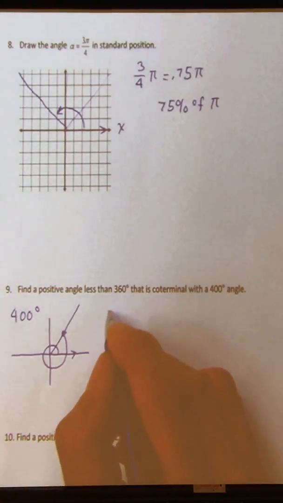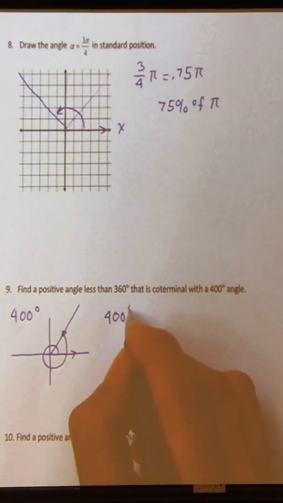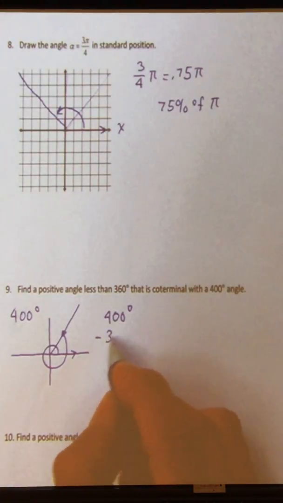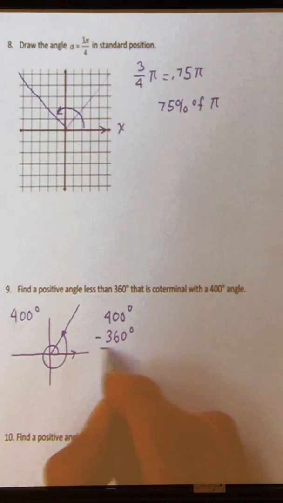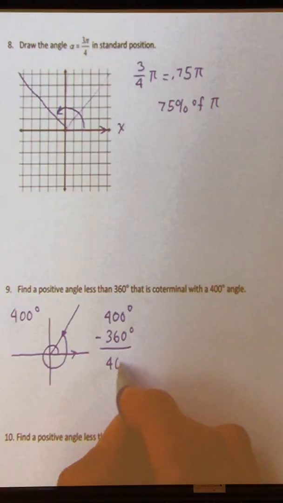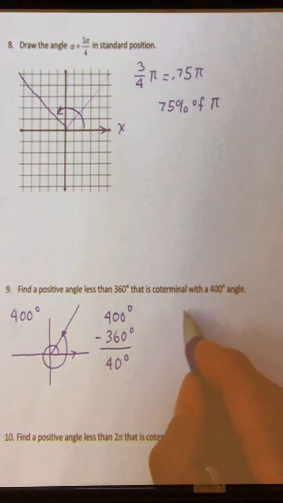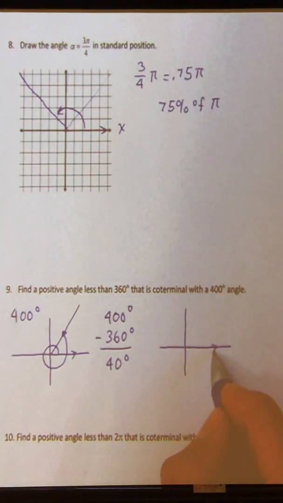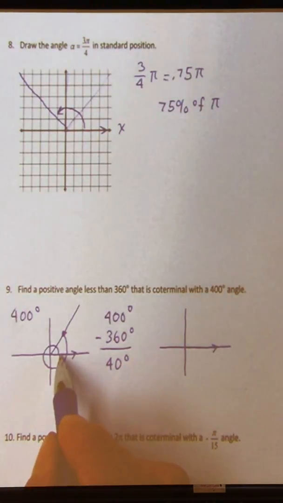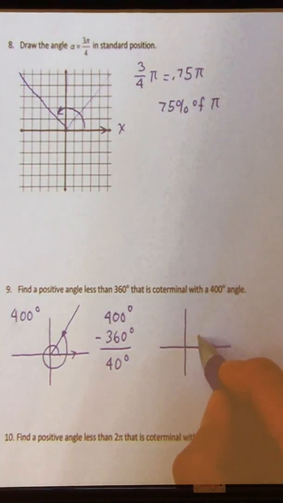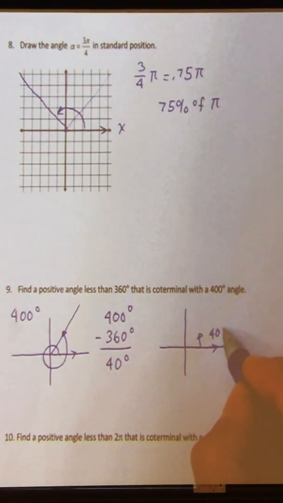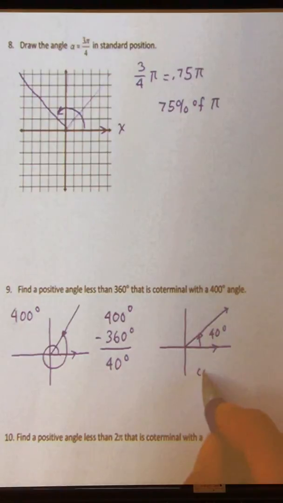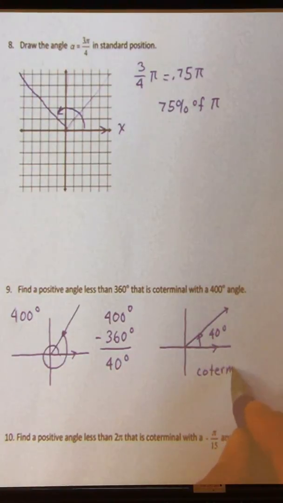To get a coterminal angle, notice that we've already gone around the circle one full rotation, so we'll subtract that full rotation out, leaving us with 40 degrees left over, and that is the coterminal angle. Starting on the positive x-axis in the same way, but only rotating a small amount, 40 degrees, with our terminal ray there is the coterminal angle.